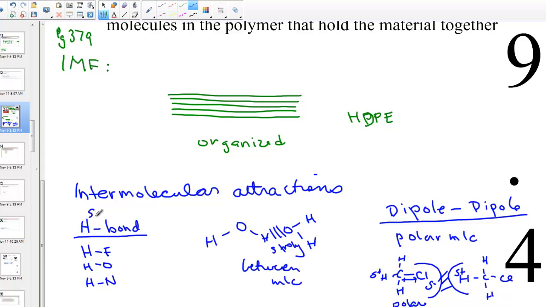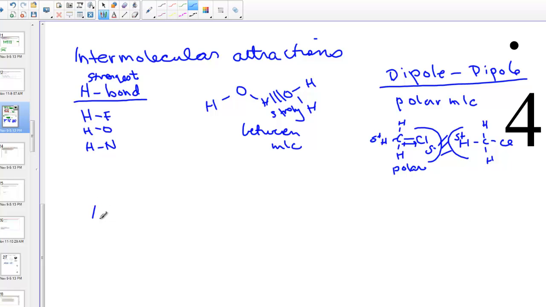The strongest intermolecular attraction is known as a hydrogen bond. The next strongest is known as a dipole-dipole. And finally, we come across what this particular section is calling a dispersion force, the weakest of intermolecular attractions, and yet nonetheless it still exists.